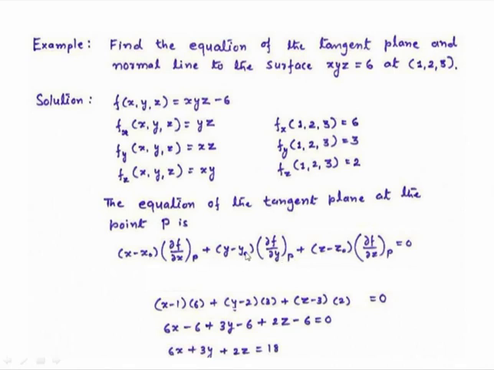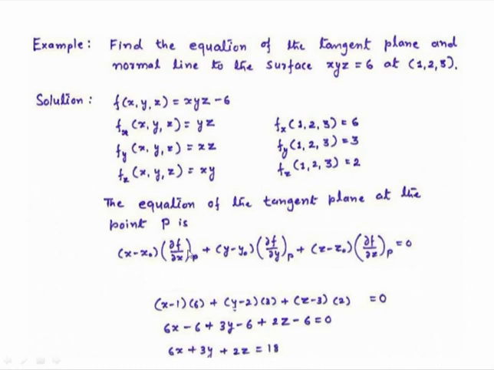So x0, y0 and z0 are the values 1, 2 and 3. So we substitute the values of x0, y0 and z0 respectively as 1, 2 and 3, giving x - 1, y - 2 and z - 3. Now substituting the value of del f by del x at the point (1, 2, 3), which is 6.